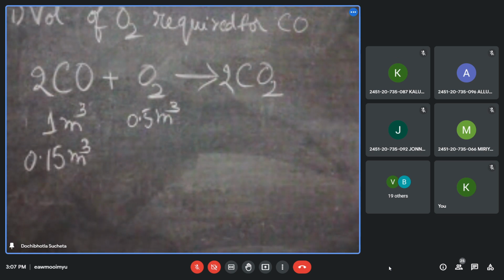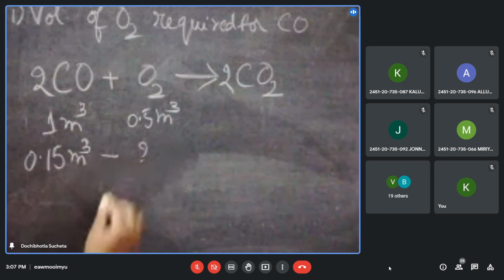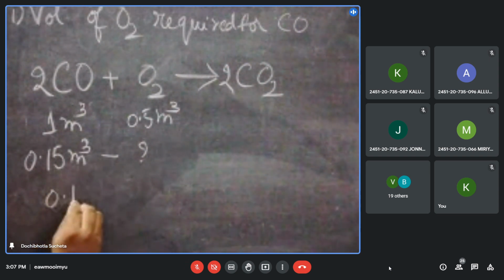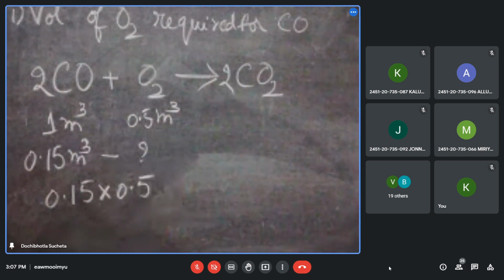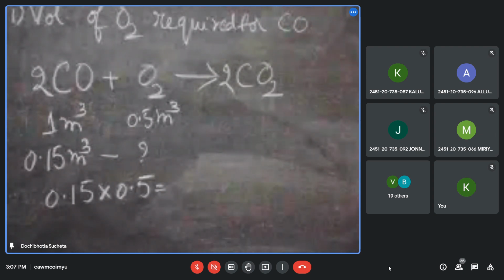So it requires how much oxygen? 0.15 into 0.5.